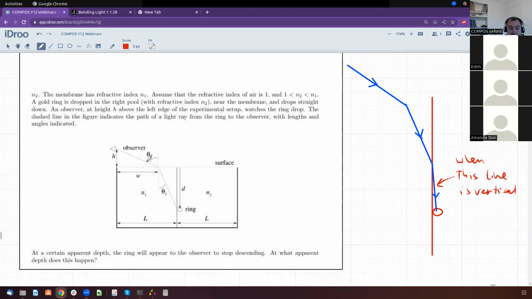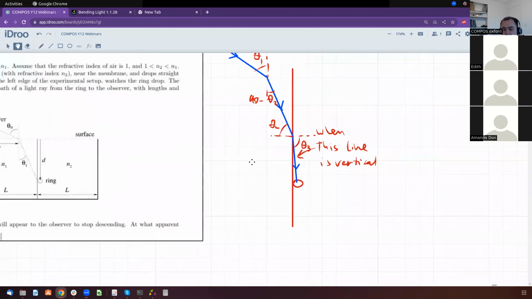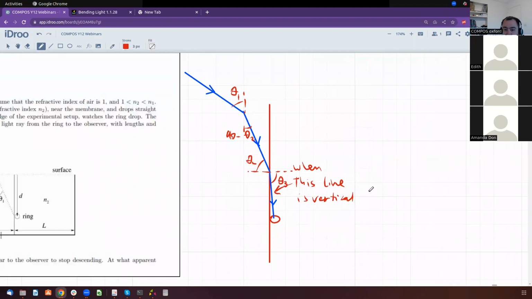In other words, if we draw, this is the angle 3, this is angle 2, this is theta, this is 90 minus theta 2, and this is theta 1. And then you just write down the Snell's law with theta 3.